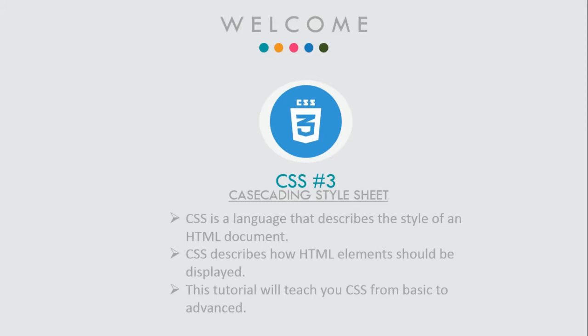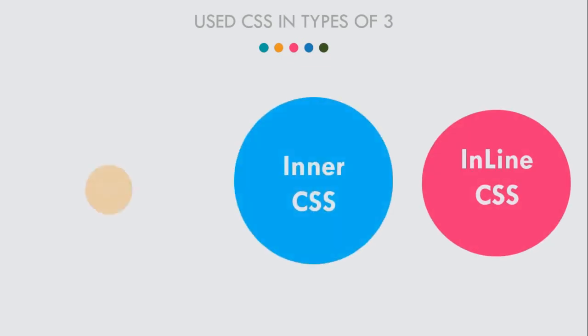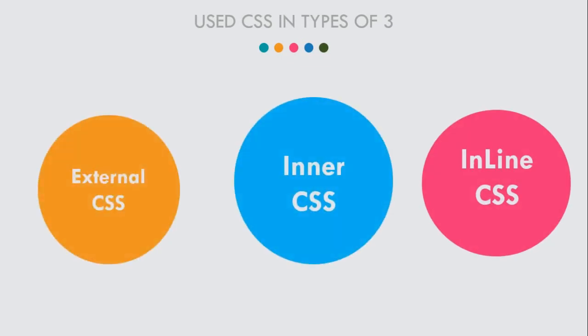There are three types of CSS you use in your web application: inline CSS, internal CSS and external CSS.